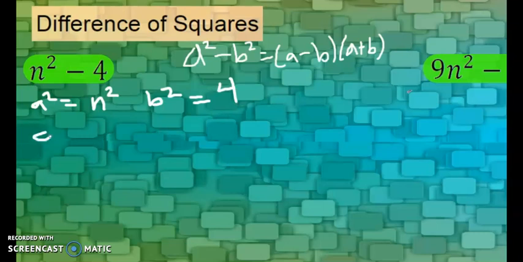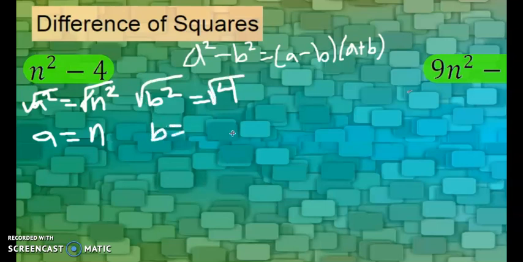So that means that a is the square root of n squared. That cancels. We just have n. And b, we're going to find the square root of b squared and 4. So we have 2.